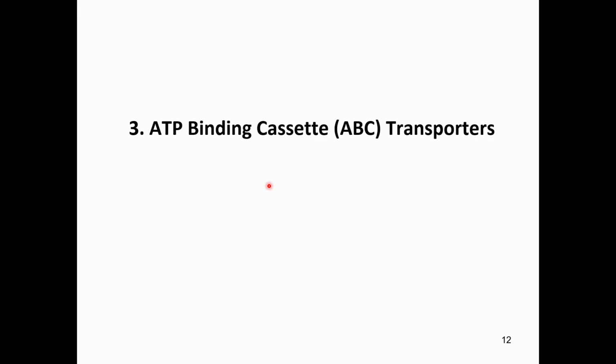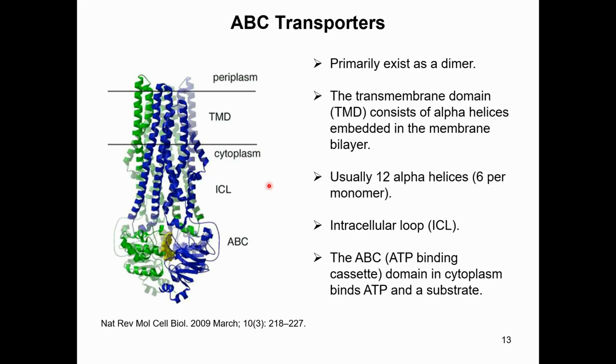All right, so ABC, ATP binding cassette proteins. We have ABC and SLC, so we'll go through both of them. ABC transporters usually exist as a dimer, and of course they're embedded in the membrane. This is the outside of the cell, sometimes called the periplasm.